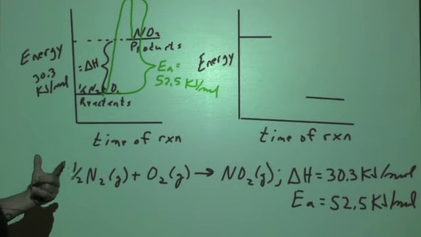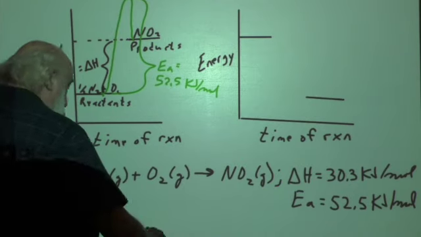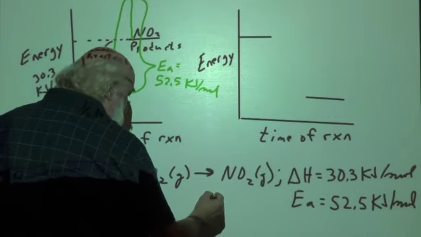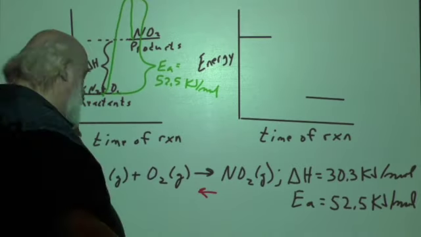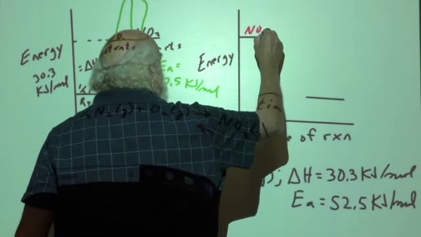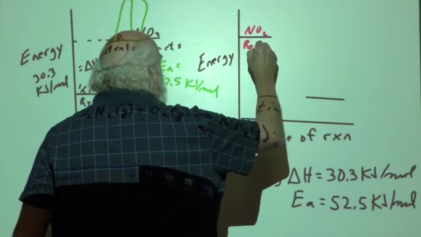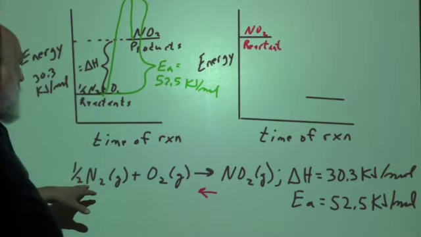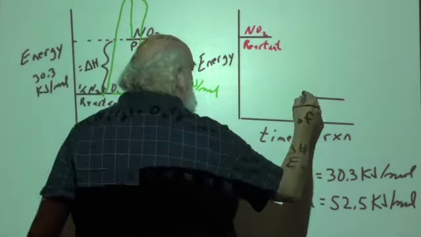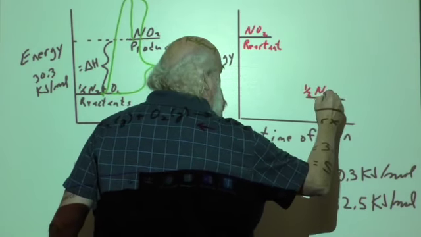Now let's look at the reverse reaction, which is going to be an exothermic reaction. So now we're going to go back in this direction right here. So the NO2 is going to be your reactants, and the 1/2 N2 and O2 are going to be your products.